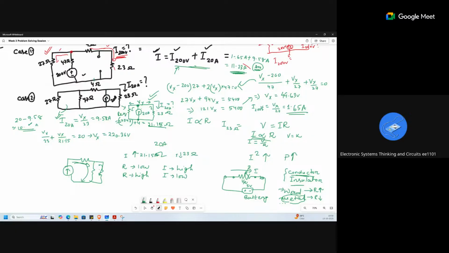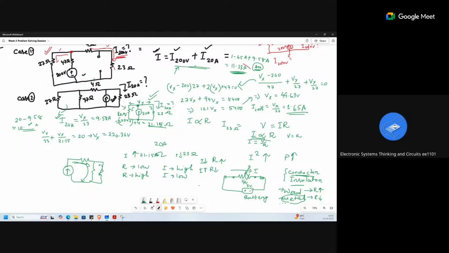That means we can say the resistance is very high. So both are inversely proportional? No, not exactly. What we are saying here is that if the resistance increases, the current decreases. If the resistance decreases, the current increases.